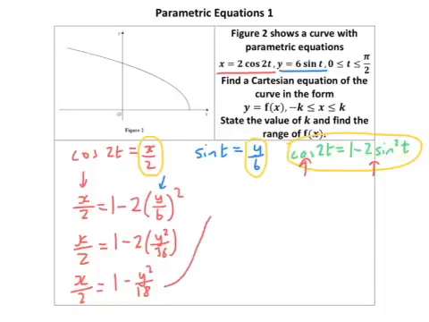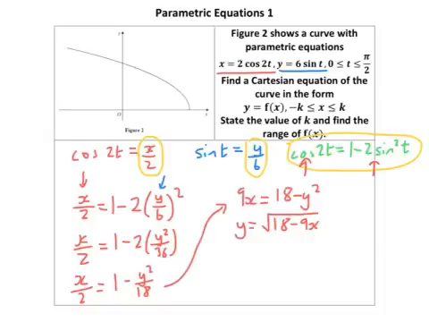Then I've got 9x equals 18 minus y squared. And I can simplify all that to y equals the square root of 18 minus 9x. I've missed out a couple of steps there, but hopefully you followed me.